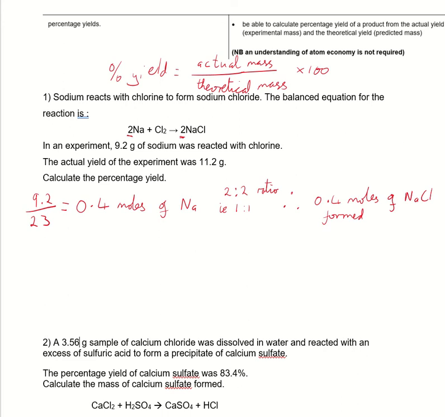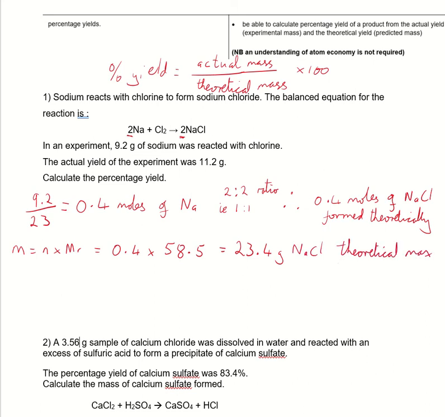Now, if I know the number of moles formed, theoretically, so if I know the number of moles I should form, then using the equation mass equals moles times Mr, I can say 0.4 times 23 plus 35.5, so 58.5 for the Mr there, multiplied by my 0.4, 23.4 grams, is my theoretical maximum mass.